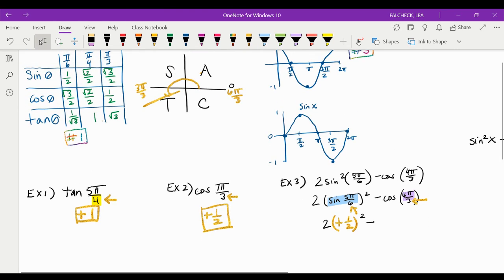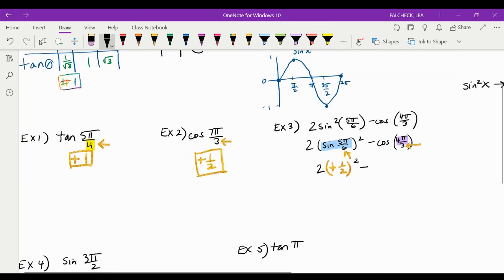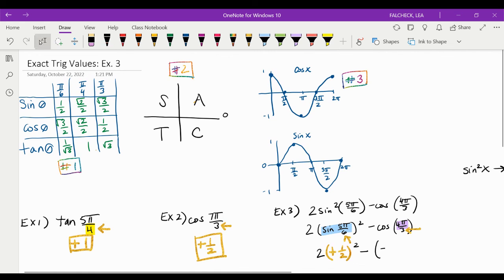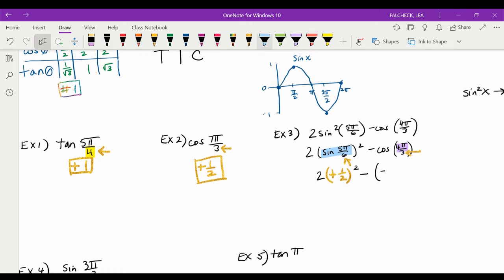So tangent is positive, therefore cosine is going to be negative in the third quadrant. So I'm going to know that cosine is negative for this guy. So I've got a negative item. Let's find the value. I'm looking in the pi over 3 column. I'm looking for cosine. I'm going to be using 1/2.